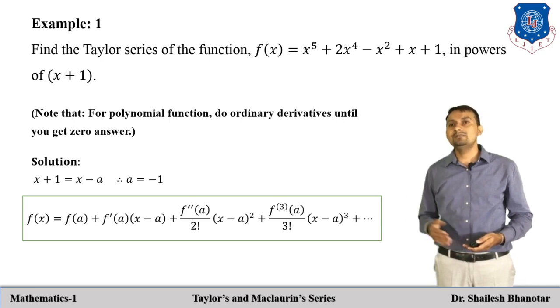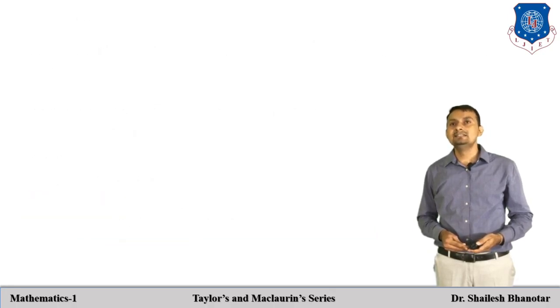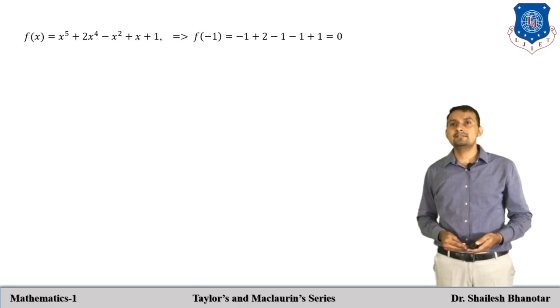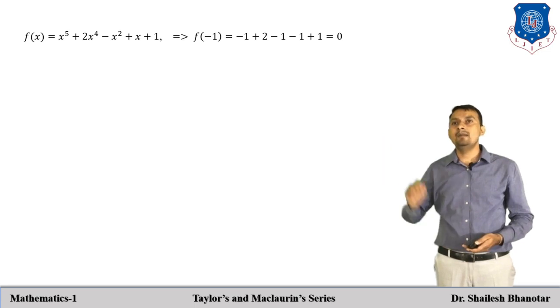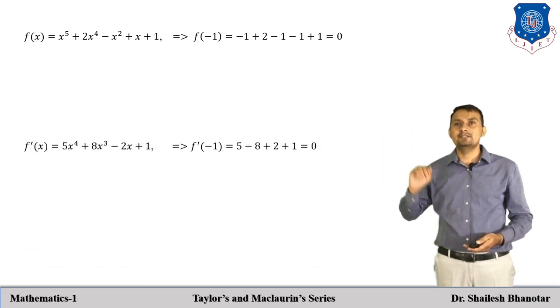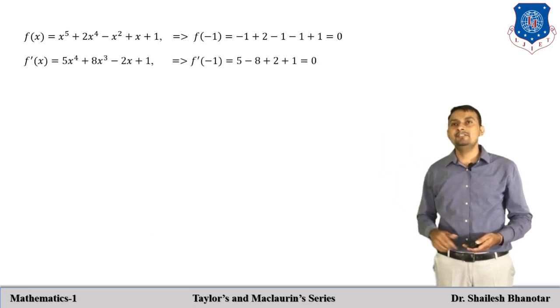That means we have to determine f of minus 1, f dash of minus 1, f double dash of minus 1, and so on. Let's consider the function f of x, that is x raised to 5 plus 2x raised to 4 minus x square plus x plus 1. If we consider f of minus 1, the answer is 0. Again we find successive derivatives. The first derivative at minus 1 is 0.